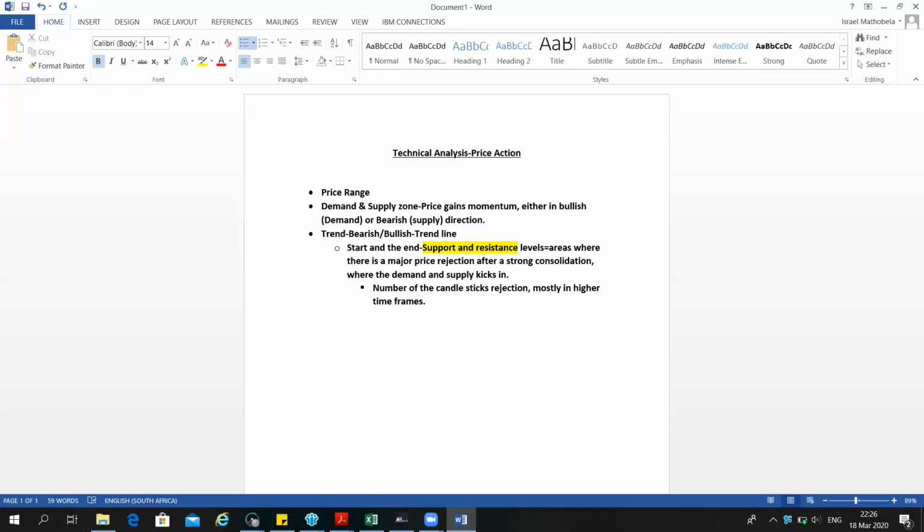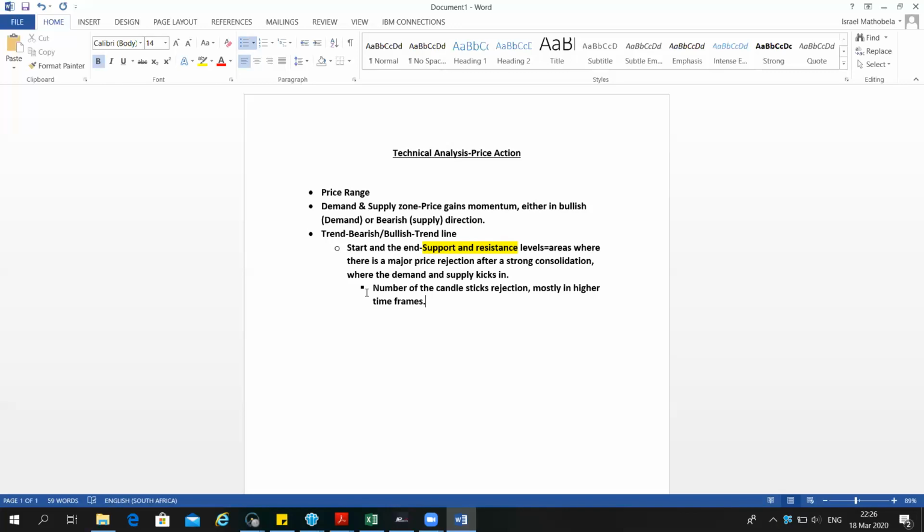So it's not that you won't have support and resistance on a smaller time frame. Obviously you will. It's just that support or resistance on a smaller time frame won't be as strong as the one on a higher time frame. On a smaller time frame, I can have minor rejections.